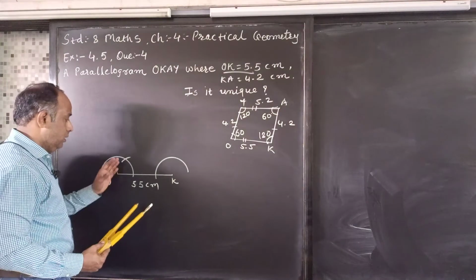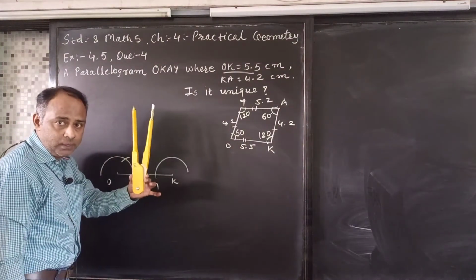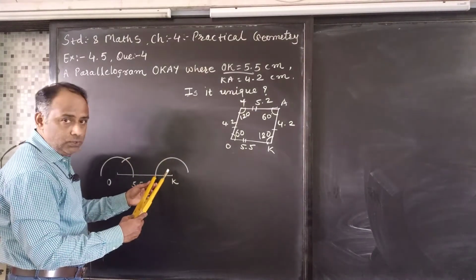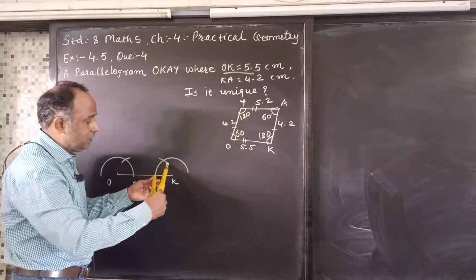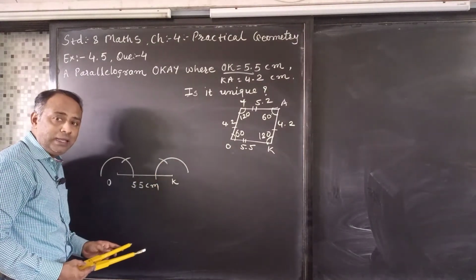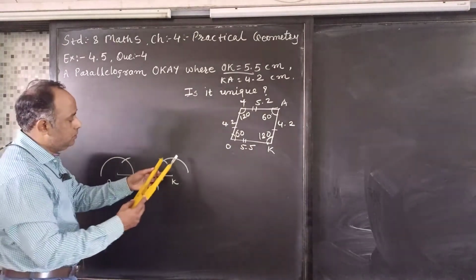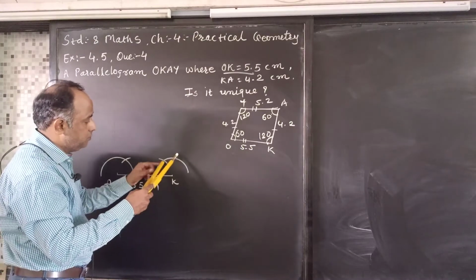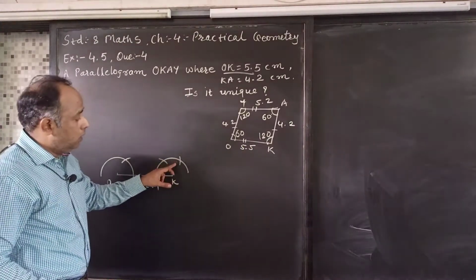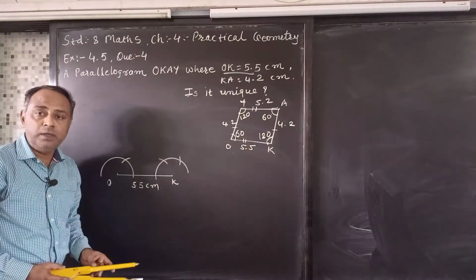Same way, again I'm keeping this at 0-degree, cutting an arc on the other semicircle where I have taken K as the center. So this will be of 60, and from 60, if again an arc is cut on that semicircle, 60 and 60 will make 120.